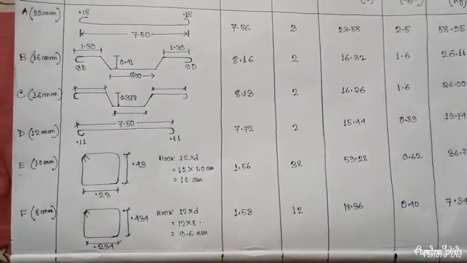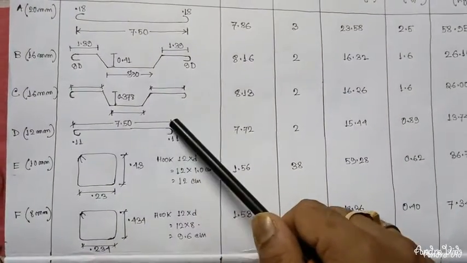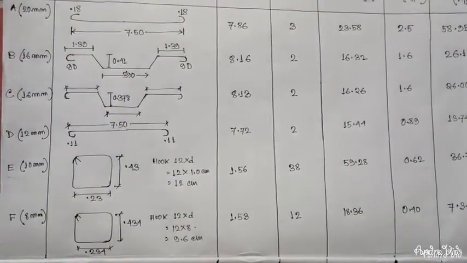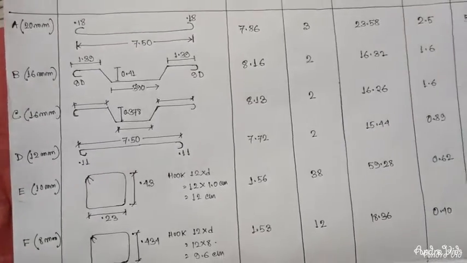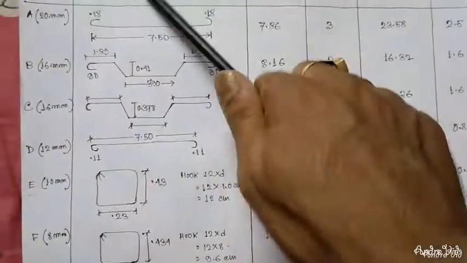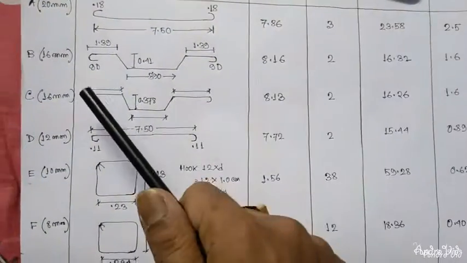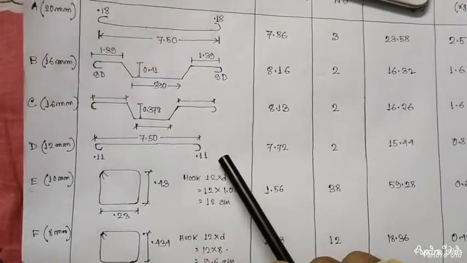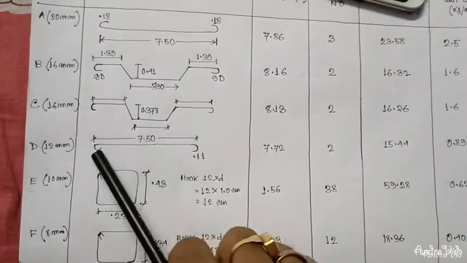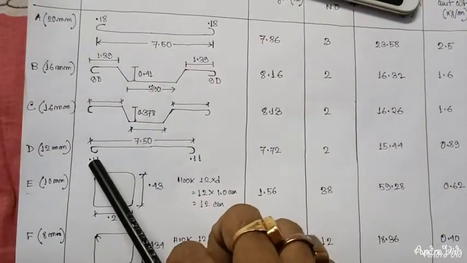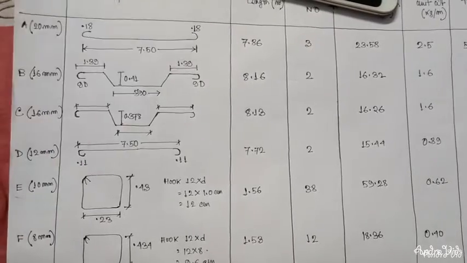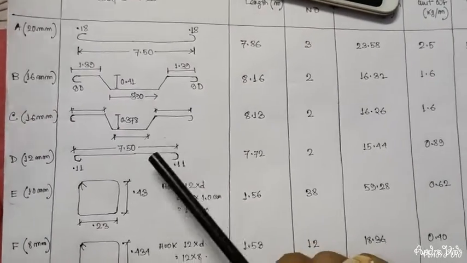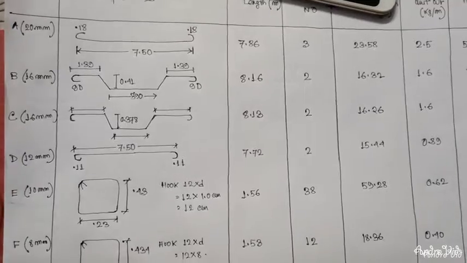The length of this particular straight portion is 7.5 meter, and the lengths of those hooks are 0.11 and 0.11. So the total length of those two hooks is 0.11 plus 0.11, that is 0.22. So the total length of this anchor bar is 7.72 meter.